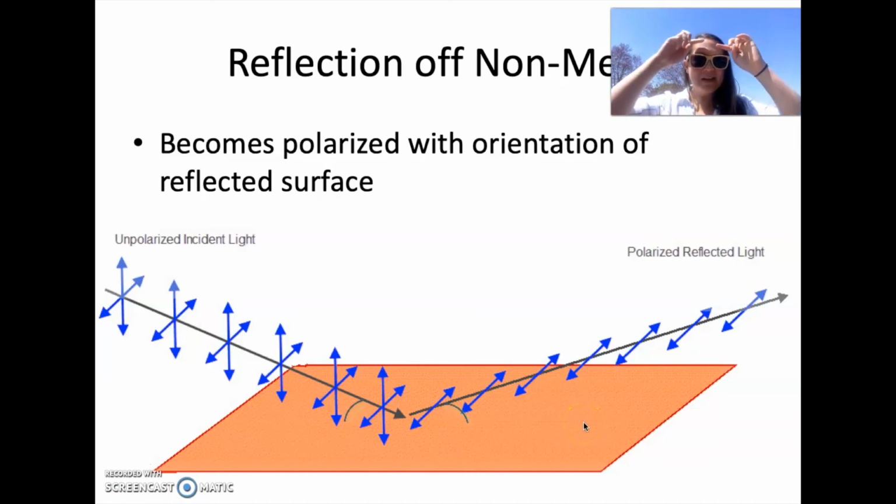If I had something like, ooh, gross, the oil on my forehead, that's the reflection off a nonmetal, so the glare you're seeing right up here from the sun, great. Yeah, that's vertically polarized because the sunshine is hitting my head, so the sunshine is unpolarized, hits a vertical surface, and then is vertically polarized afterwards.